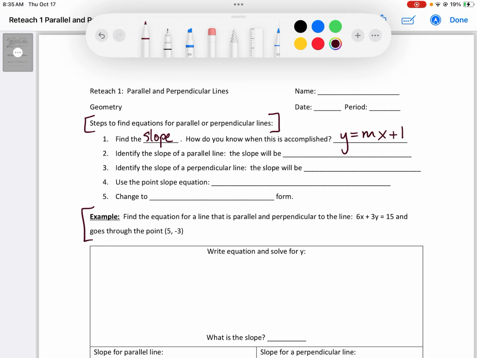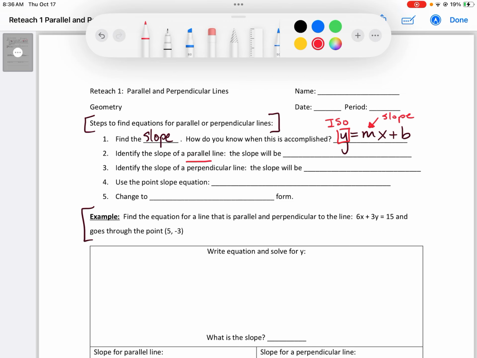Usually there's a number and there's an x, and sometimes you might have your y-intercept, but this m represents your slope. So when you get to that point where your y is isolated and your m, the number in front of your x, is representing your slope, you know that you have that line's slope.